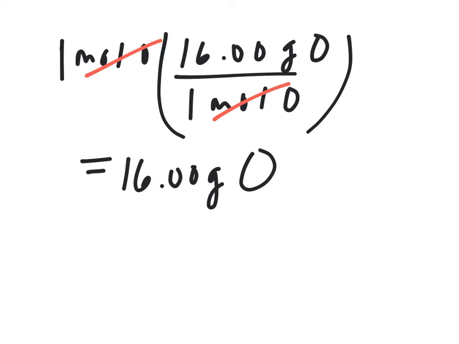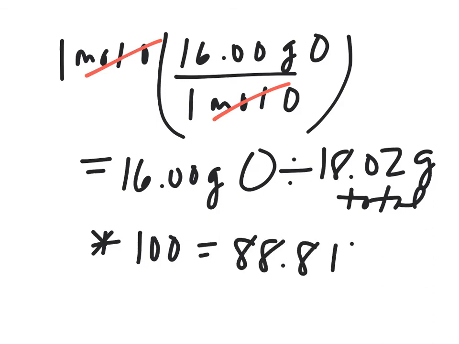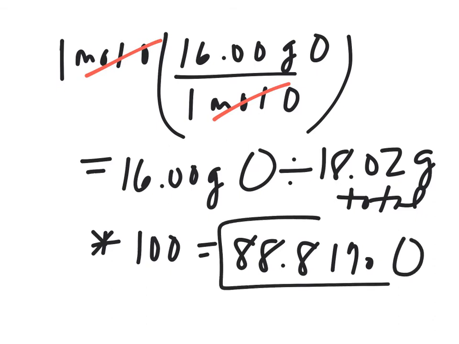So in that 1 mole of water, where I have 1 mole of oxygen, I have a total mass of oxygen that's 16 grams. So if I divide that by the total mass of that 1 mole of water, which we've already calculated to be 18.02 grams, and then I multiply by 100, I get that 88.81% of the mass of water is due to oxygen atoms.